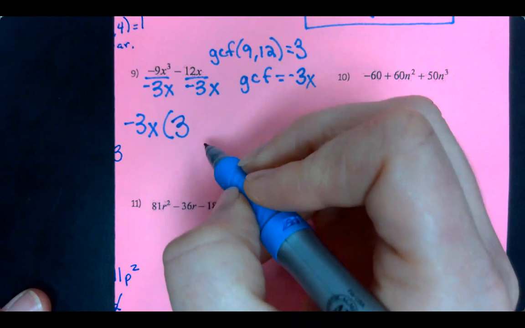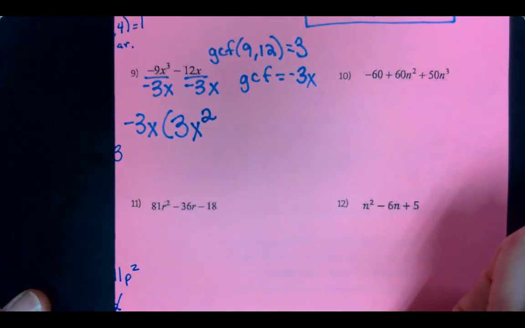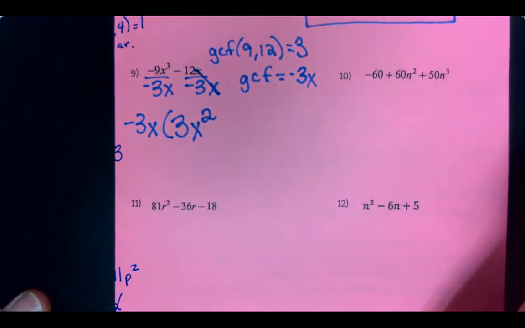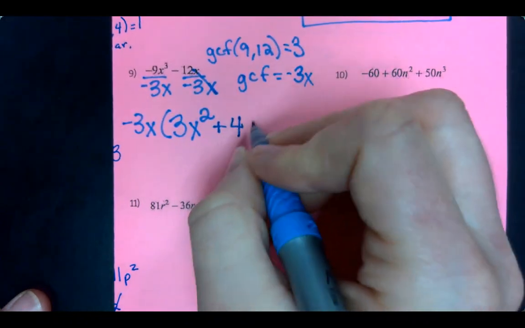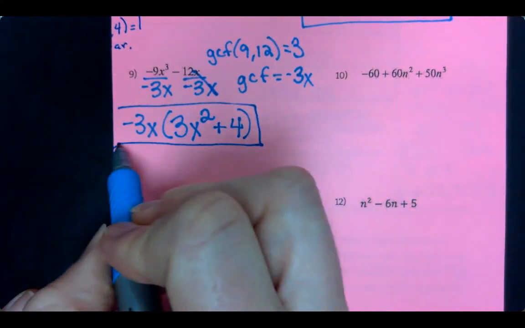And then we're taking 1x out, so it's an x squared. In the second term, the x's are going to cancel. And then we can divide negative 12 divided by negative 3. Yep, it's a 4, so we're going to put plus 4.